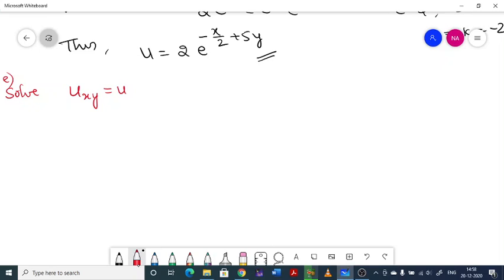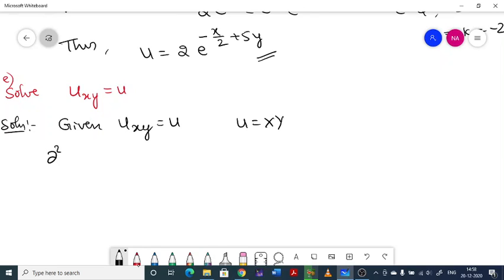So here the solution, obviously u is a function in two variables, given u subscript xy equal to u, as usual assume u equal to capital X into capital Y. So u subscript xy means dou square u by dou x dou y equal to u.